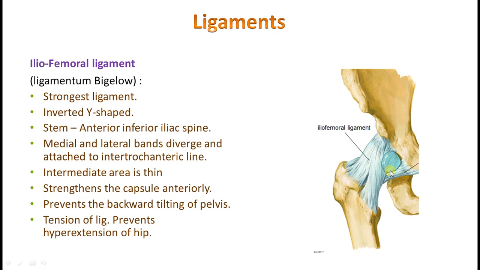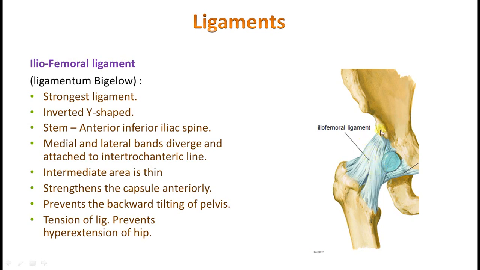So when you are standing, the whole weight of the pelvis and the trunk above is held by this iliofemoral ligament. That is why it is called the strongest ligament. Now the axis for the center of gravity passes behind the head of the femur.